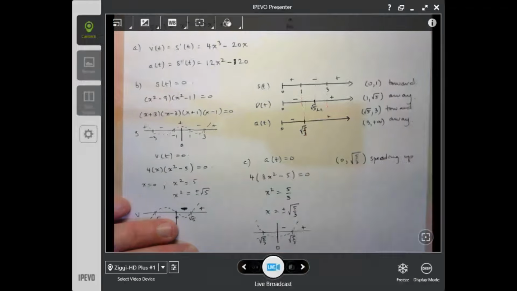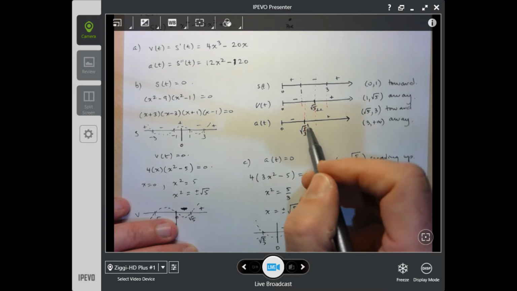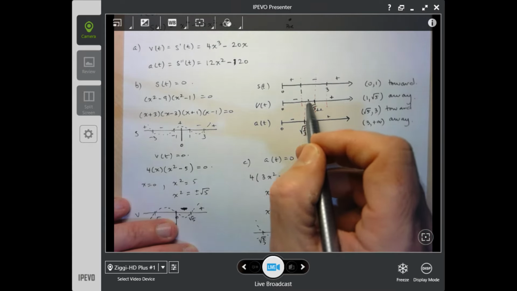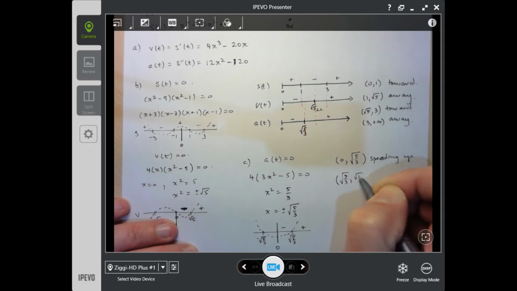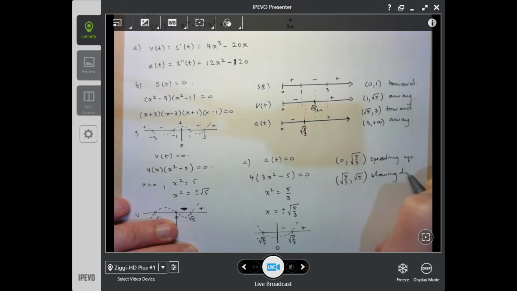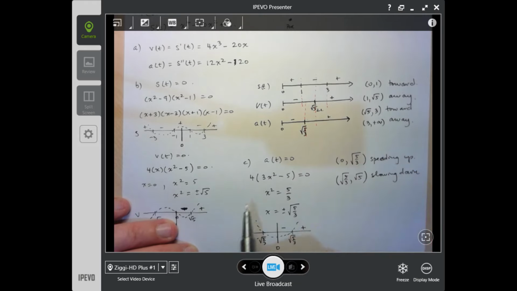Okay, then we'll go to root 5 over 3 to root 5. We see that the acceleration is positive, but the velocity is negative. They're opposite, so it's slowing down. So from root 5 over 3 to root 5, it's slowing down. And then lastly, from root 5 on, they're both positive, so it's speeding up.